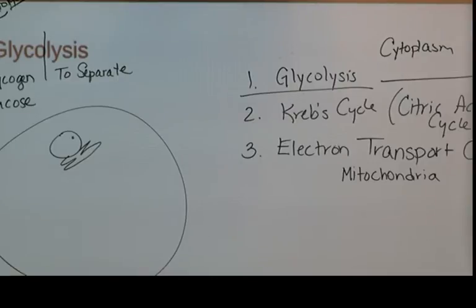And sure, there's space, but why the cytoplasm? Every cell has it. Okay, great. But what is it made of? Water. It's a lot of water, right? And what do we know about water? It's a good conductor. So if we're doing a metabolic process, it's going to allow all of that to happen in a good way. That's why we are aqueous organisms. Okay, so it's going to happen in the cytoplasm.